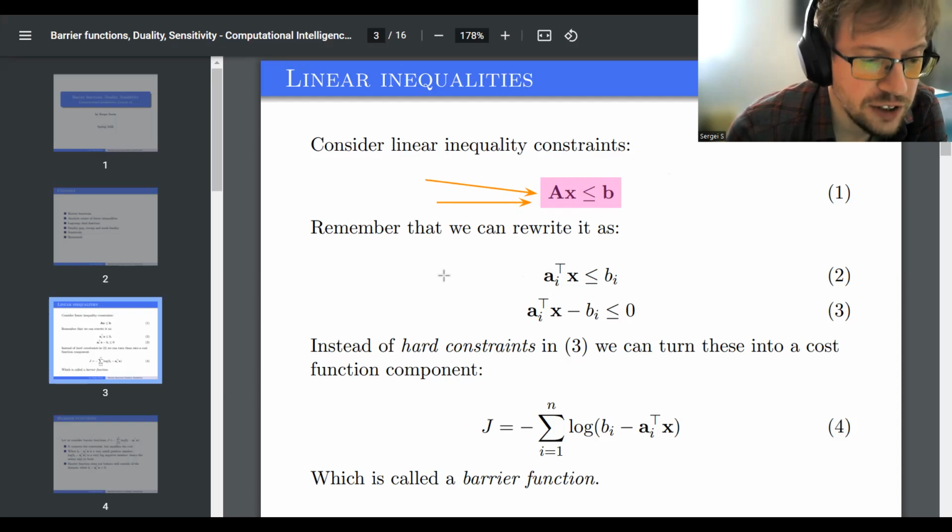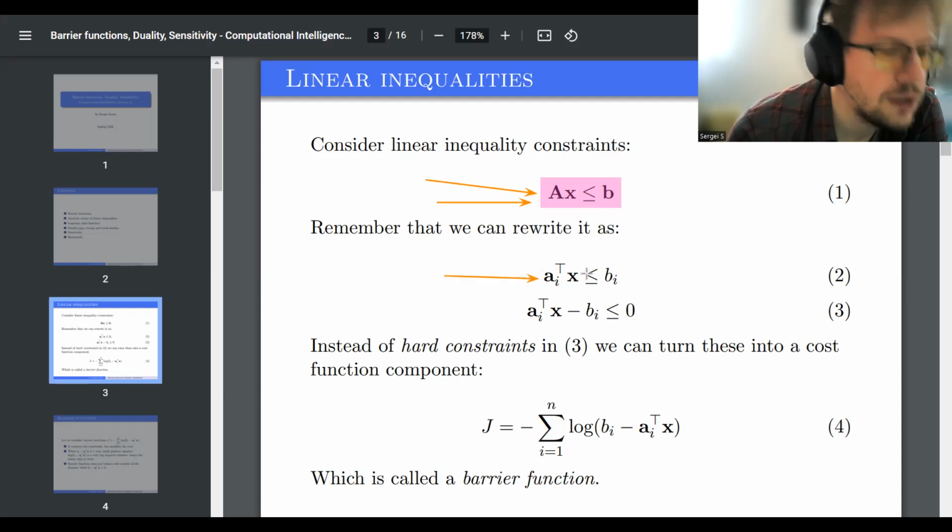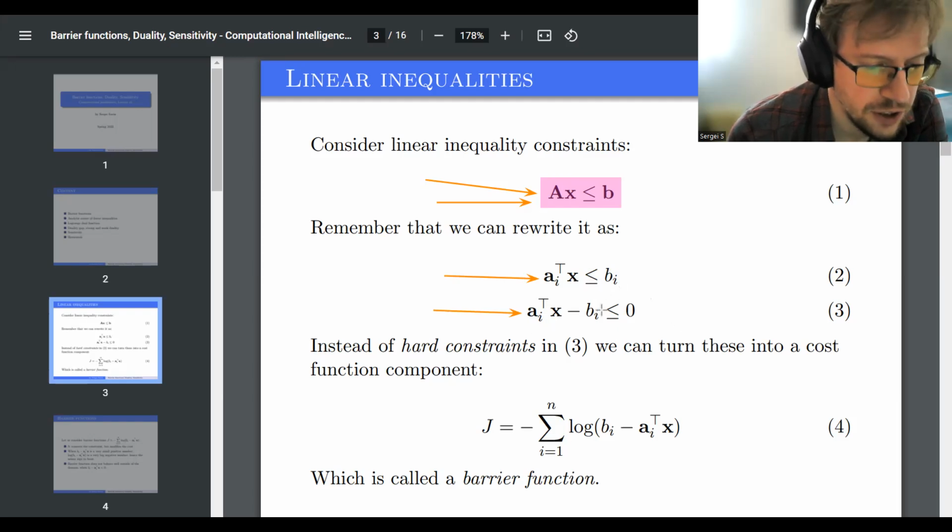Well, we can rewrite it as individual inequalities. Here, this is a typical half plane. This is a scalar inequality now, very transparent what it means. We can rewrite it in this way too. Those two are the exact same expressions. So again, a half plane, a single inequality that is taken from this stack of inequalities.